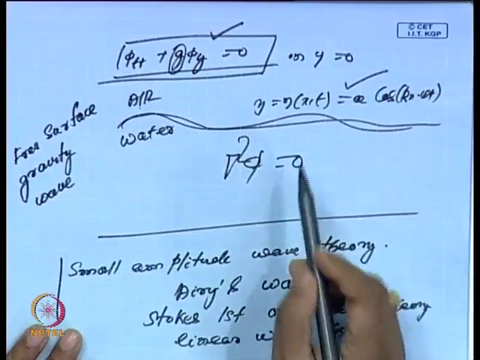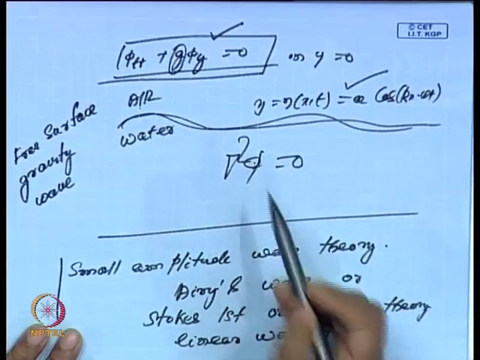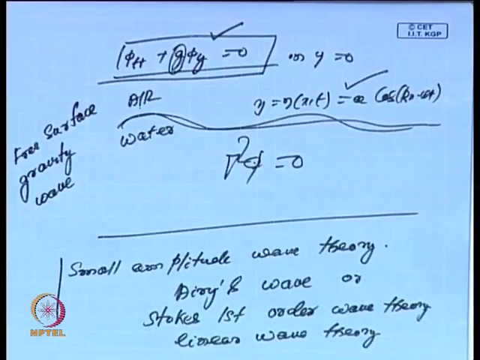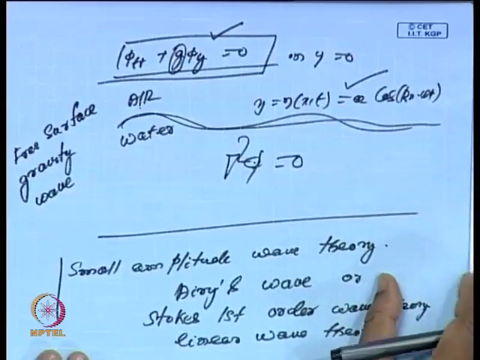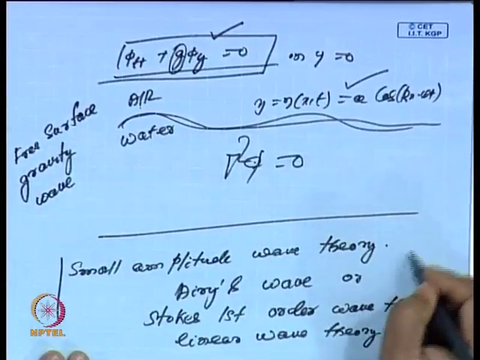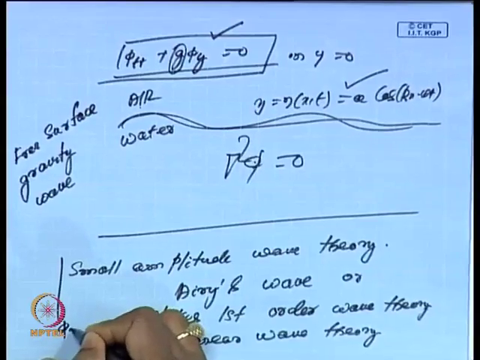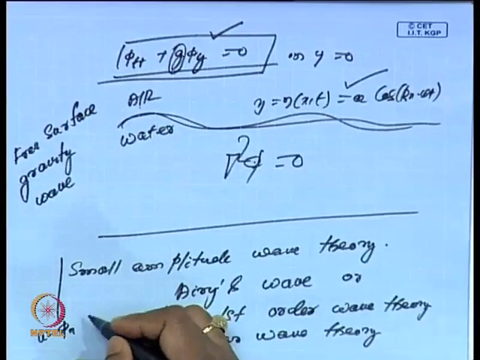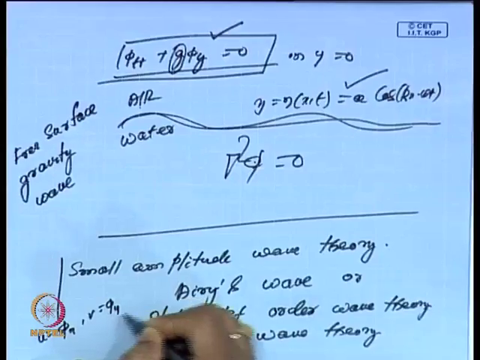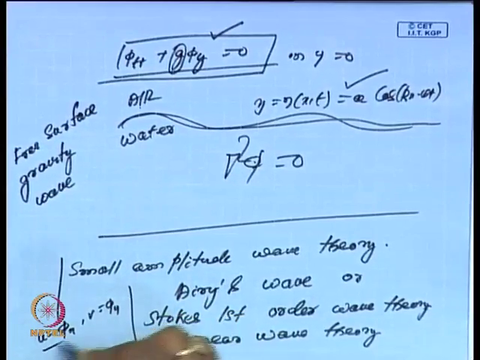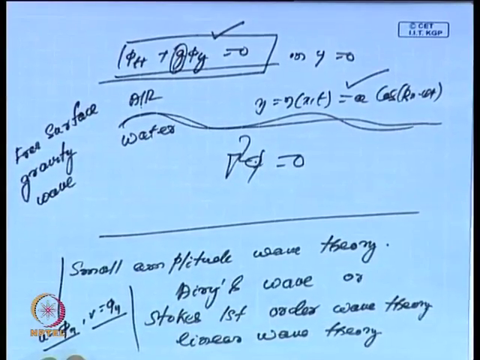And this wave theory gives us very important information, because once we know the velocity potential phi, we can easily know phi x, which is the x component of velocity, u. We can know phi y, the y component of velocity. This is the particle velocity, the water particle velocity.